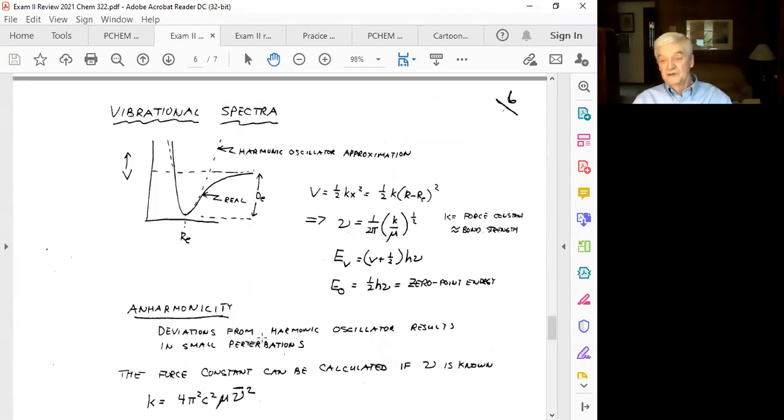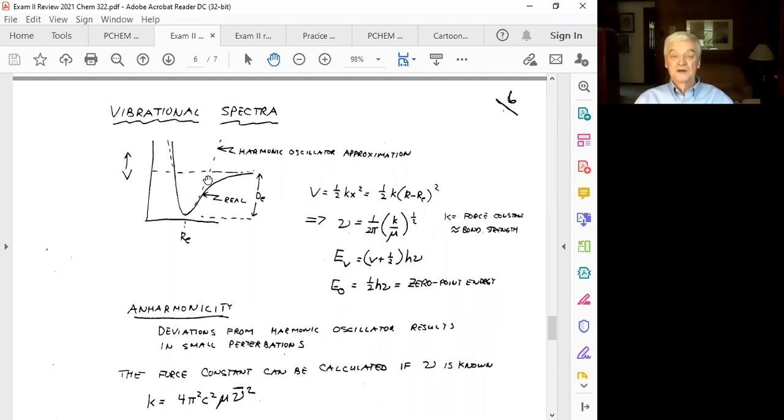Okay, then we talked about vibrational spectra. Understand what the difference is between the harmonic oscillator and the real molecule. The real molecule, when you pull the 2 atoms apart, the energy approaches the dissociation energy, and the 2 atoms just totally come apart.